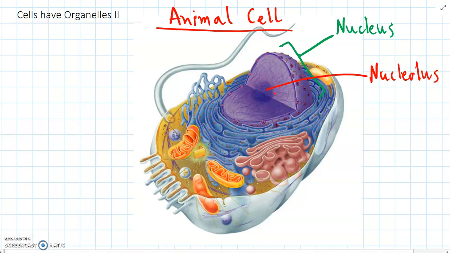And the nucleolus is responsible for making ribosomes, which are the small organelles that make protein. So ribosomes are made here, and then they move out of the nucleus and into the cytoplasm where they start to do their job.